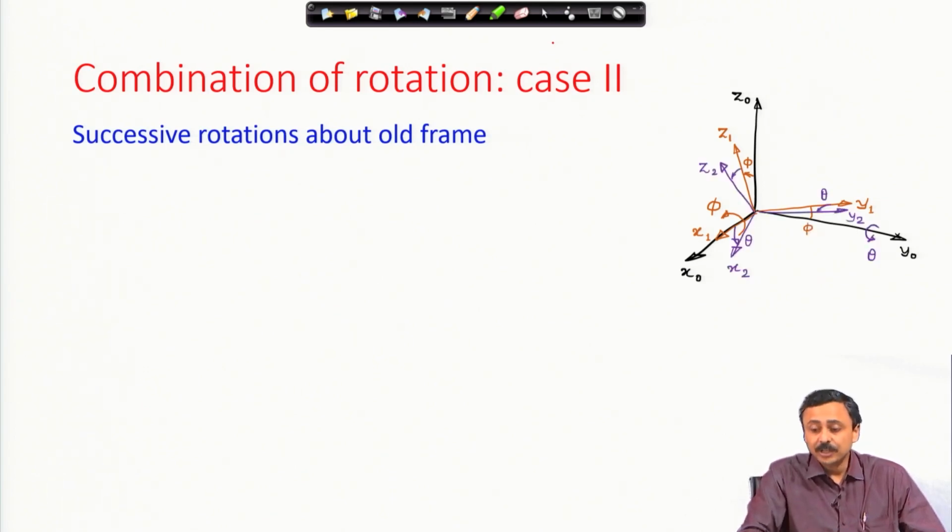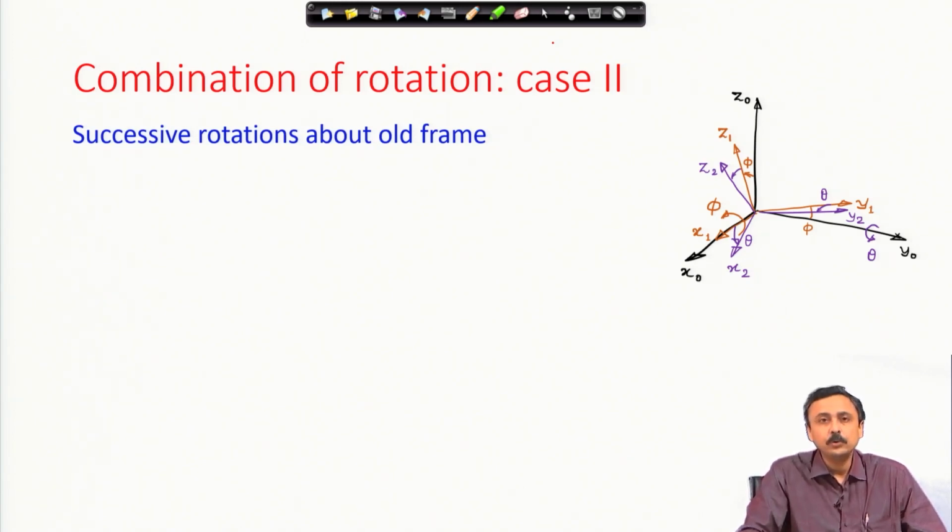The second rotation I give about y 0. This is also very useful in certain applications. If I have to give rotations always about an inertial frame, if I want to do that for some reason. So, successive rotations about old frame.